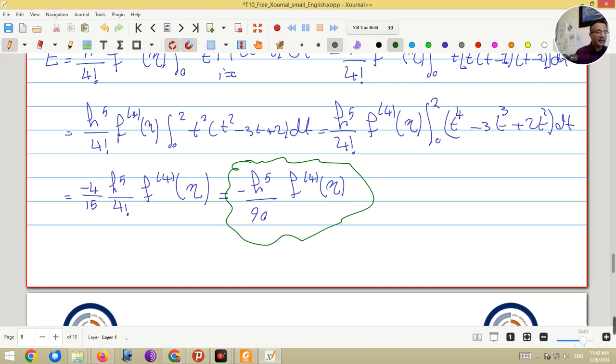So you can see that using this formula for computing the Newton-Cotes formula is much easier than the usual technique. So I would prefer to use Newton-Cotes formula for computing, especially for the error terms.